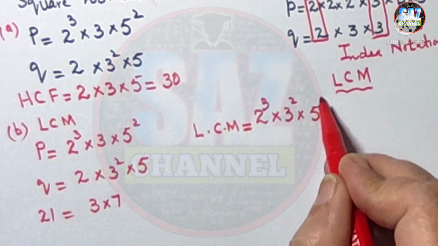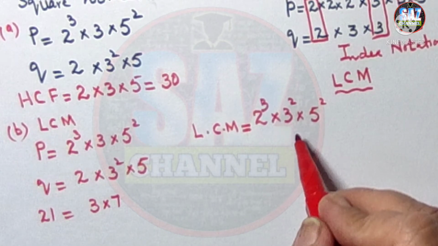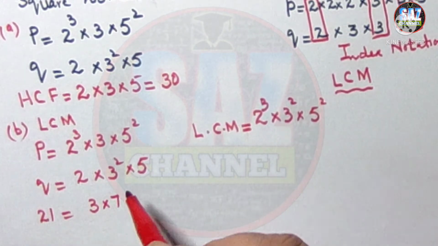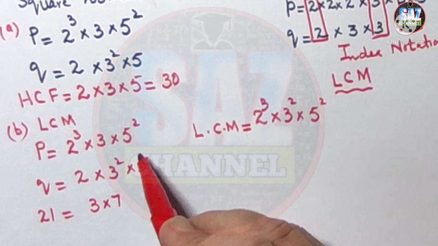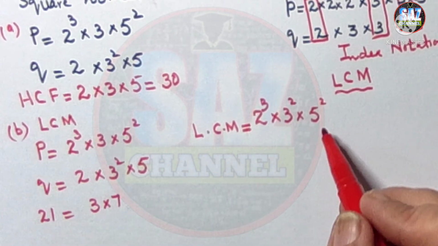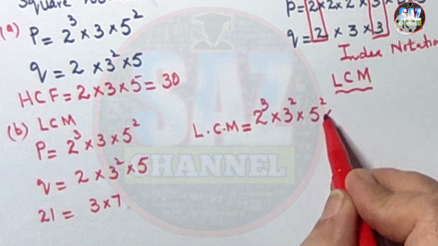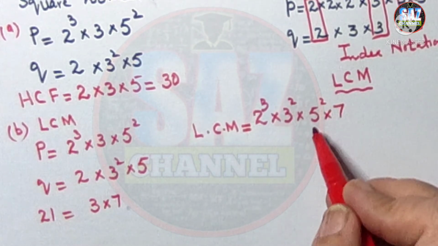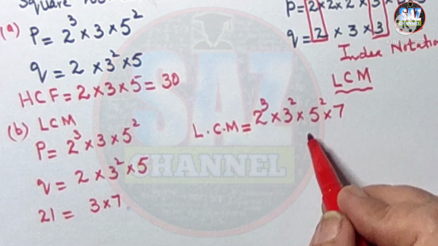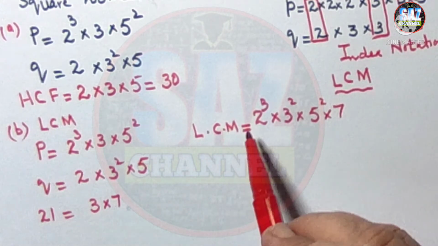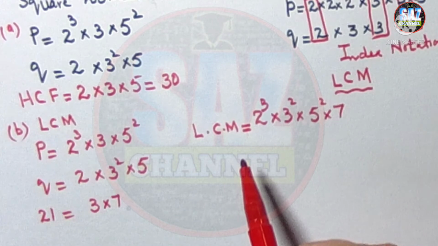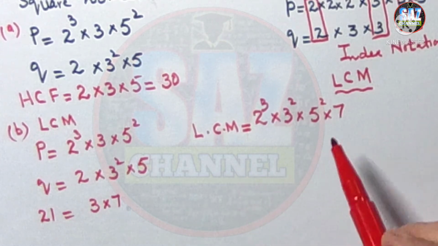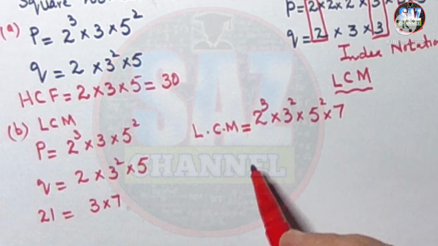As LCM is the product of common and non-common factors, we do not have 7 in the other two numbers, but in LCM 7 must be coming. This is the LCM of your three numbers, P, Q and 21, and as the question says the product of prime factors, I will be leaving my answer at this stage.